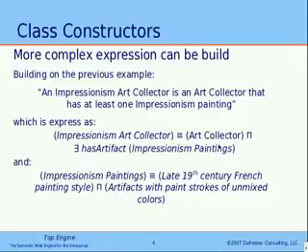For example, we looked at the definition of the impressionist art collector being defined as the intersection between art collector and all of the individuals that have at least one artifact of type impressionist painting. In turn, the impressionist painting class is defined as the intersection of the late 19th century French painting style class and the artifacts with paint stroke of unmixed color.